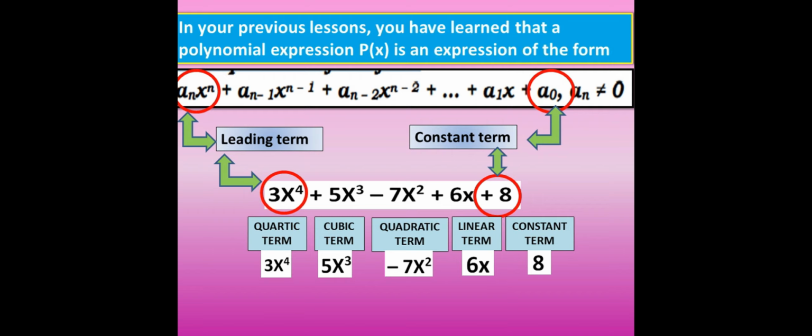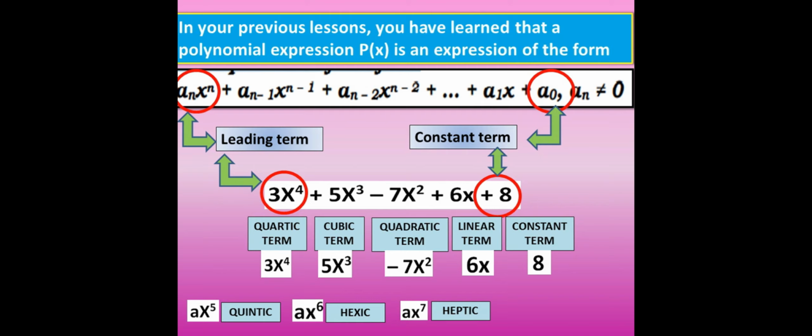So what do you call the terms with exponent higher than 4? We have ax to the 5th, which is called the quintic term. We have ax to the 6th, the sextic term, ax to the 7th, the septic term, and ax to the 8th, the octic term.